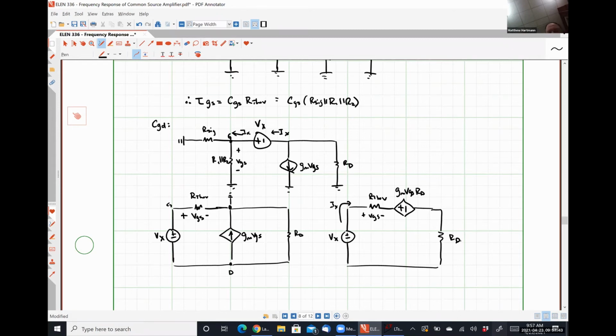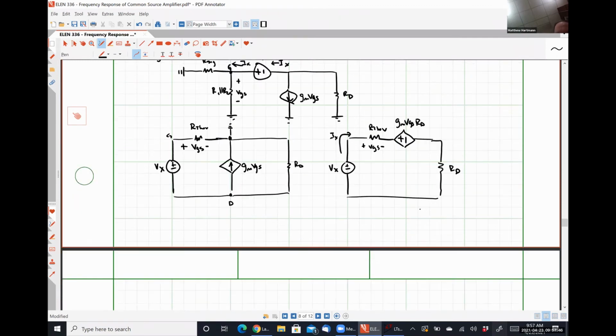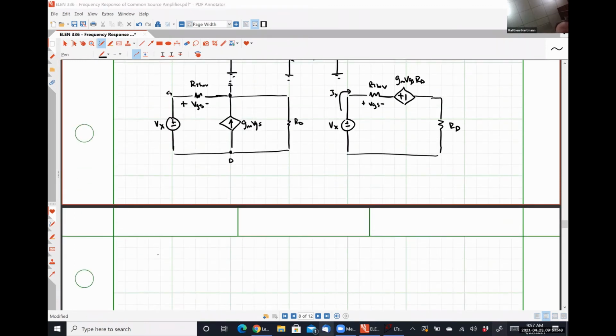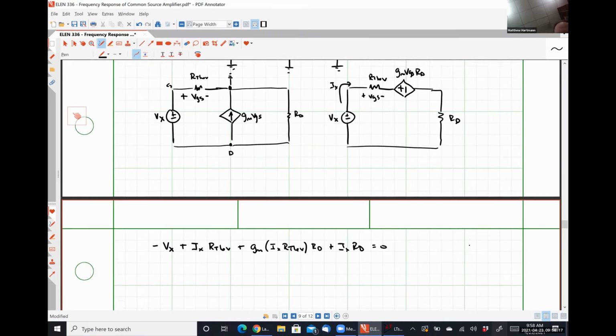So we can see that negative Vx plus Ix R thev plus Gm times Ix R thev, since from Ohm's law, that's exactly what VGS is going to be, times RD plus Ix RD is equal to 0.